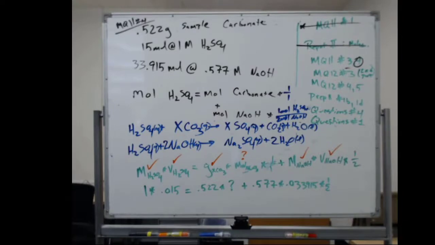You'll notice I converted to liters in my head real quick on this. So I'm going to have 0.01. Let's do this. 0.577, 0.033915 divided by 2. Plus 0.015.